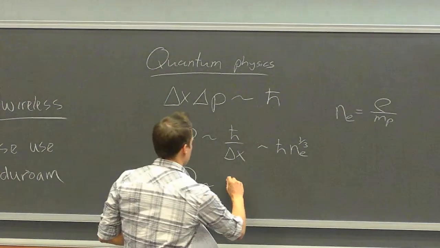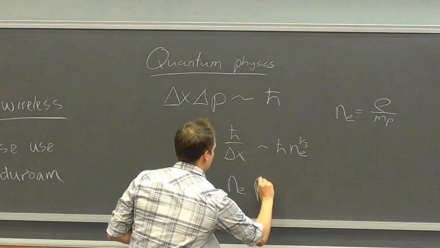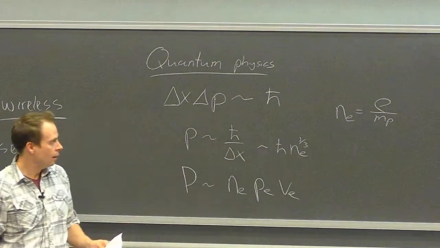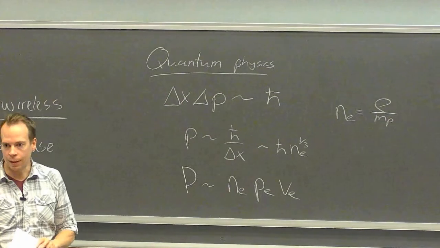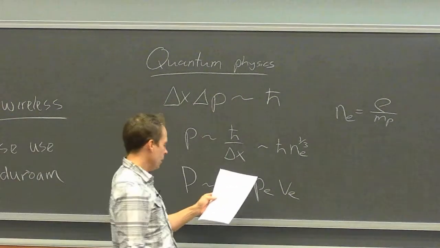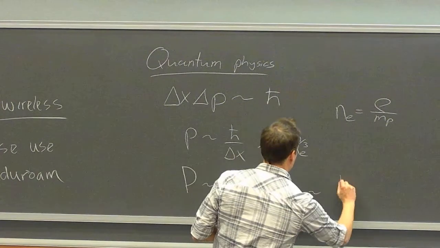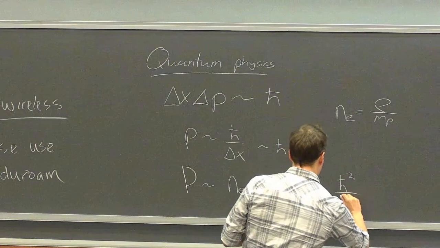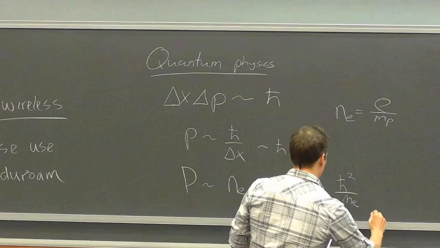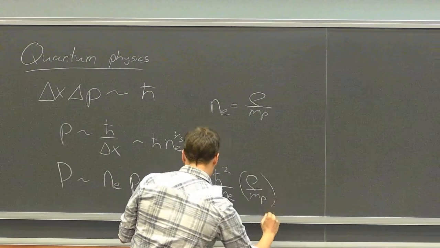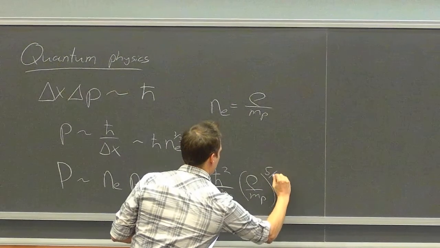The pressure is basically just number density times this momentum times the typical velocity. And velocity for non-relativistic electrons is just momentum divided by mass. So you can calculate the total pressure, which is basically h bar squared over mass of electron times density divided by mass of the proton to the 5/3.